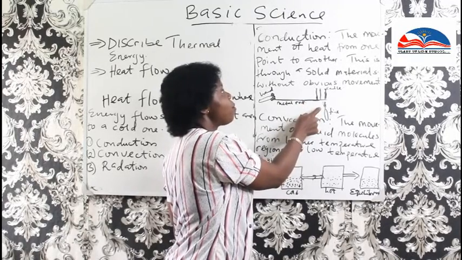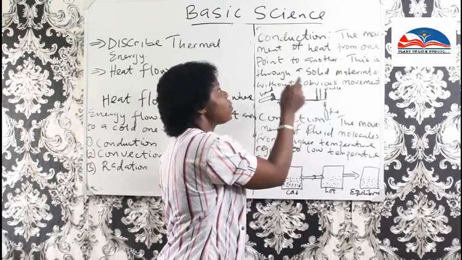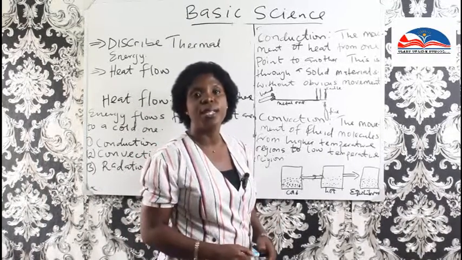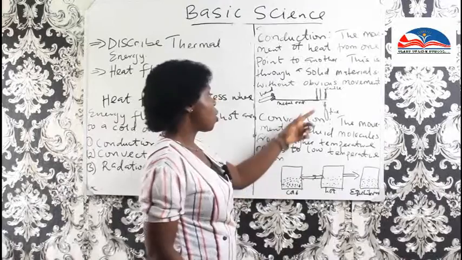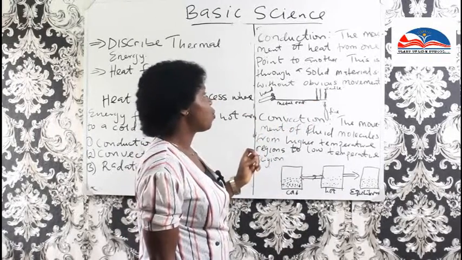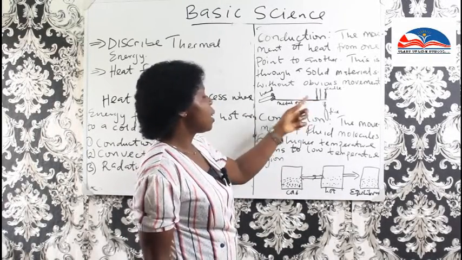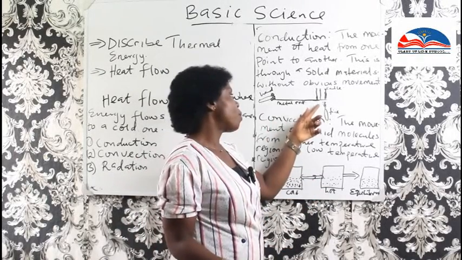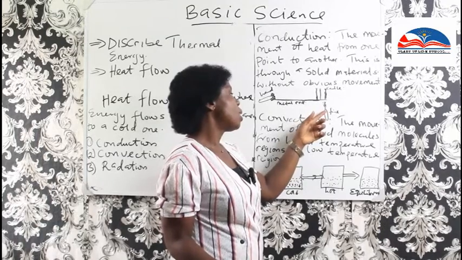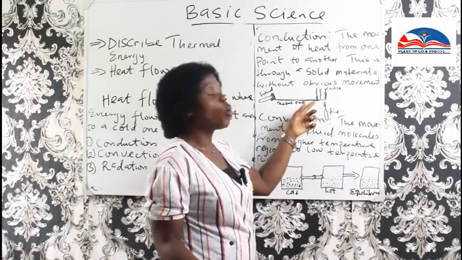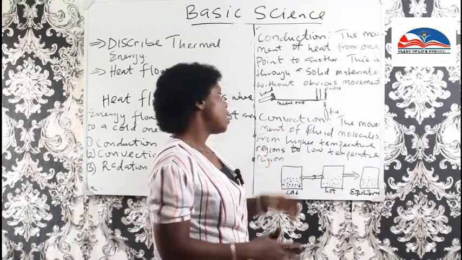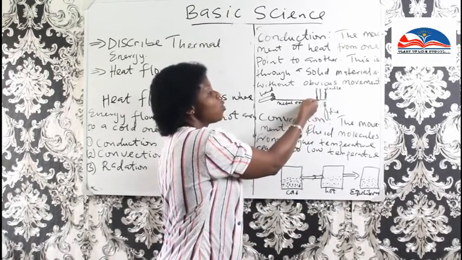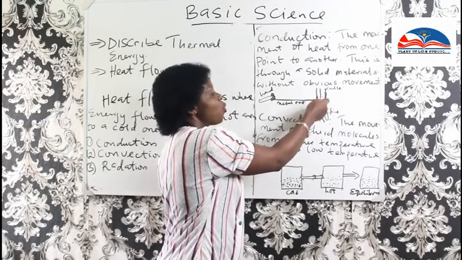This is an experiment we can use to explain conduction of heat energy, because, one, a solid metal is involved, which is the rod, and the rod becomes the contact which flows the heat. And the longer the heat stays, the more it moves from the edge of the rod.